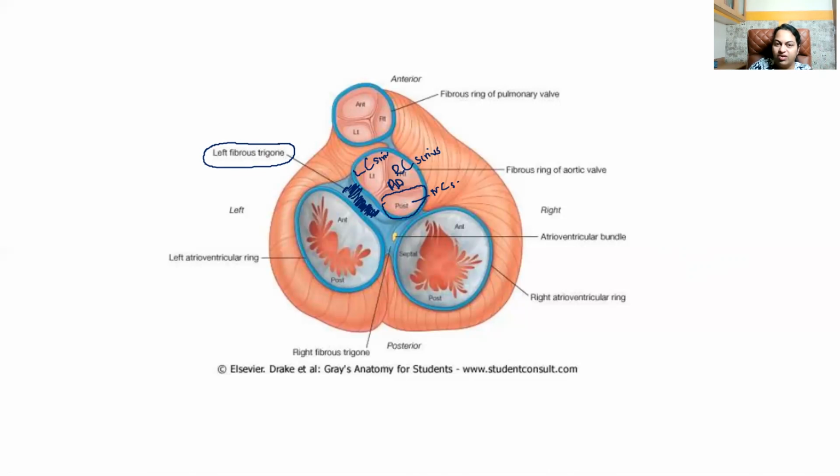This left fibrous trigone has one important function. It is going to give attachment to the anterior fila coronaria of the mitral valve.